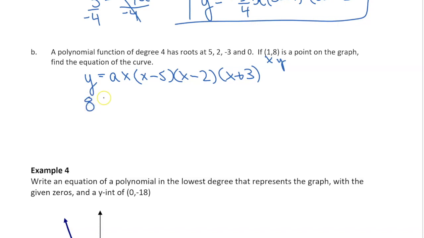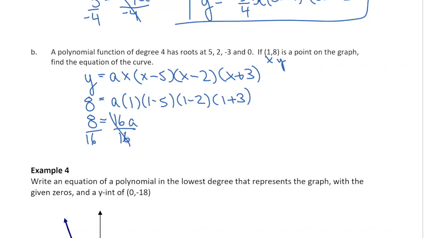So you could say 8 equals a, and then every time there's an x, we'll replace it with a 1. And so here we get -4, +4, +4 times 4. We would get 16a.